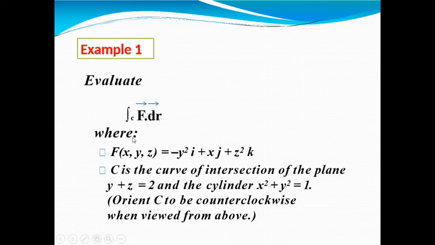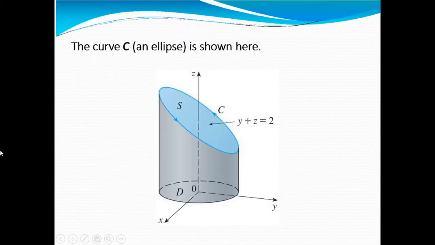Based on these parameters, we will build up a curve as well as a cylinder. So this is the curve C, which is filled with blue color. The curve C, an ellipse, is shown here. This is the construction of the given parameters.